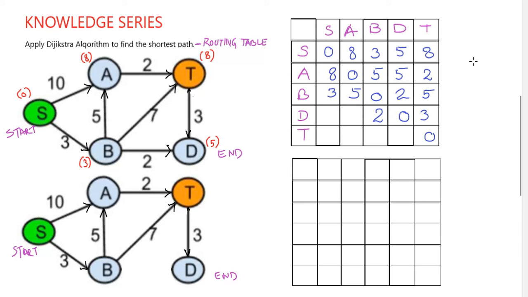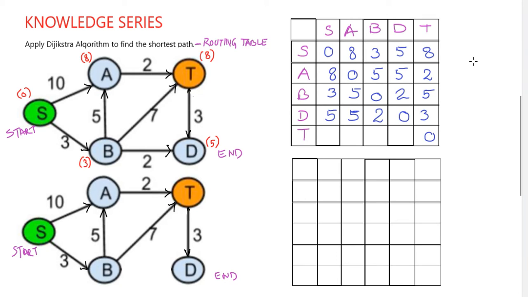D to A, this is again an indirect node. So when we do the corresponding computations, we will be getting it as 5. And D to S, again it is an indirect node, we will be getting it as 5.